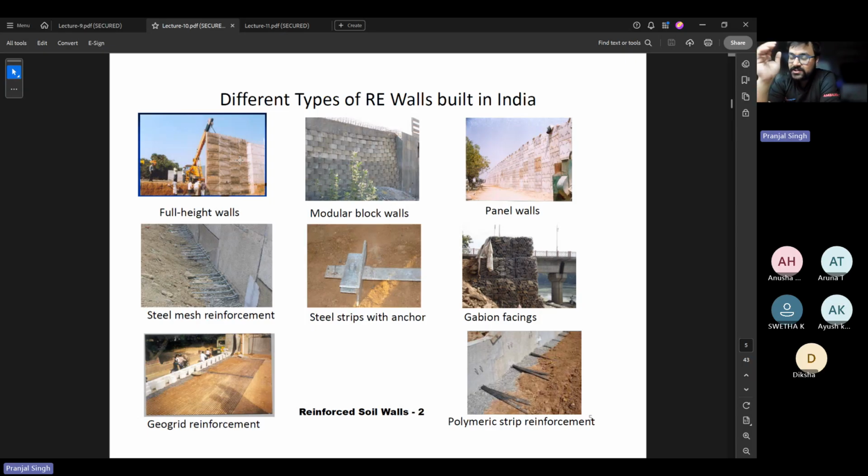If you have rigid facings, the allowable limit would be less. So you have to calculate, sorry, not the vertical displacement, the horizontal displacement. To set the allowable limit, you should know what kind of facing is provided for the RE wall.